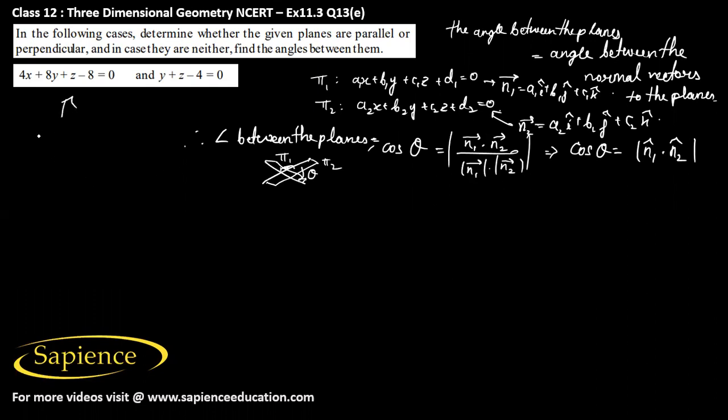So therefore here, if the angle theta is 0 degree, then it means cos theta equals 1.